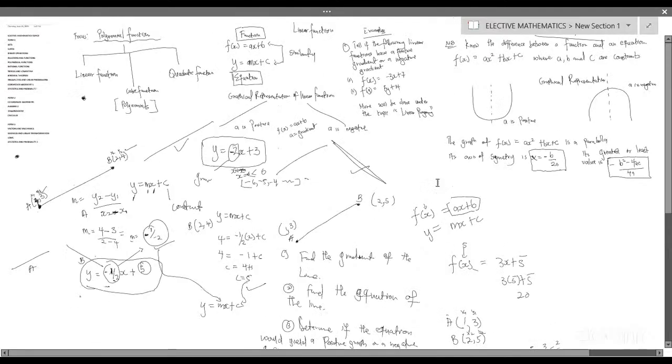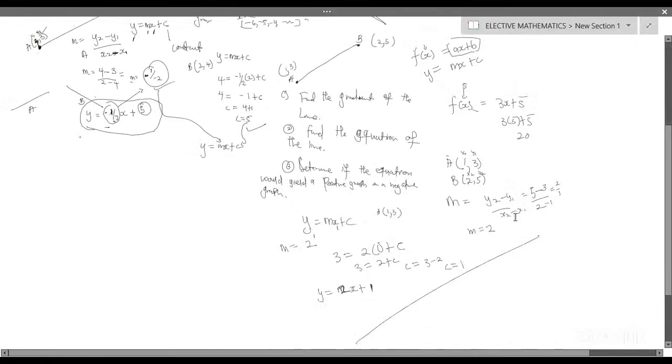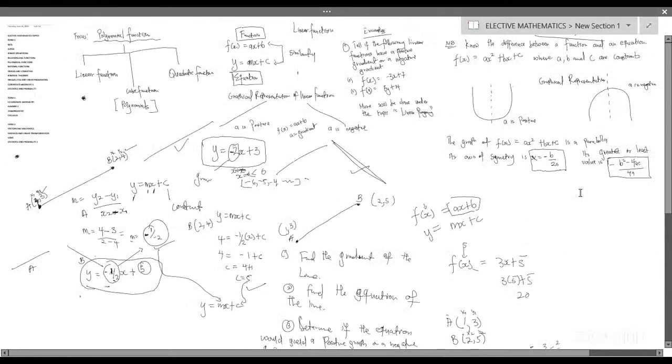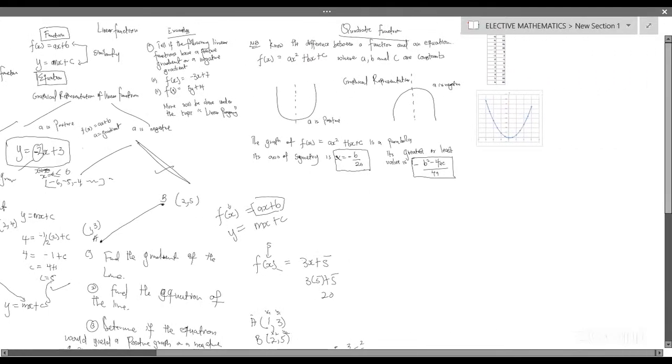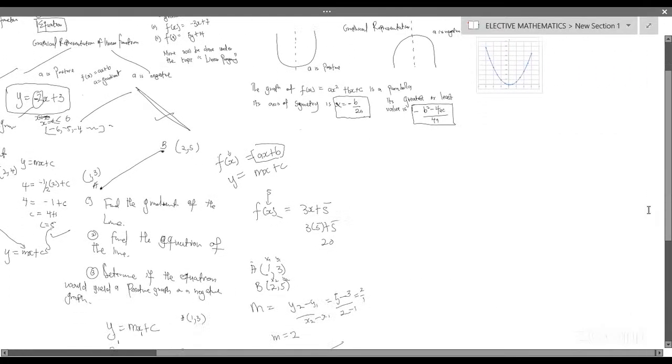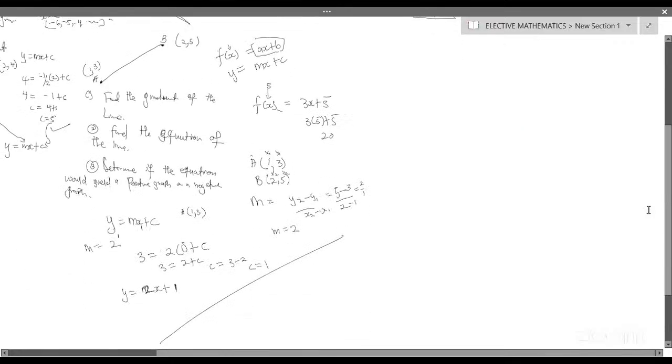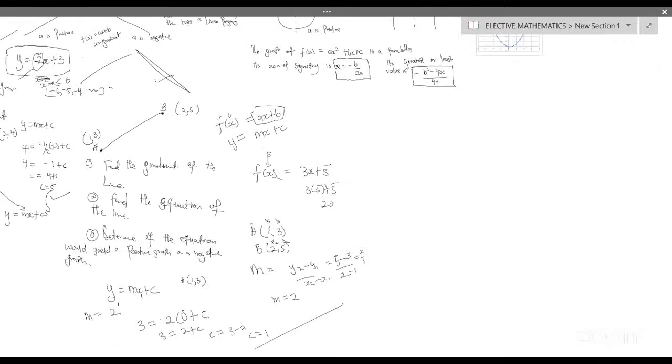Now let's move to the next one, the quadratic function. For the quadratic function, we have so much to talk about. I know that most of you are familiar with the quadratic formula, the factorization method, and the difference of two squares method, and all that. Today, we are also going to take a look at the quadratic function. We will plot some graphs, just like how we did for the linear function. So let me just copy the linear function graph and bring it here.